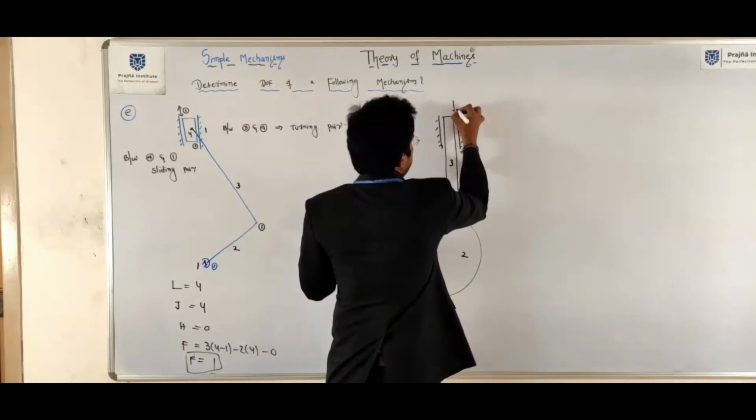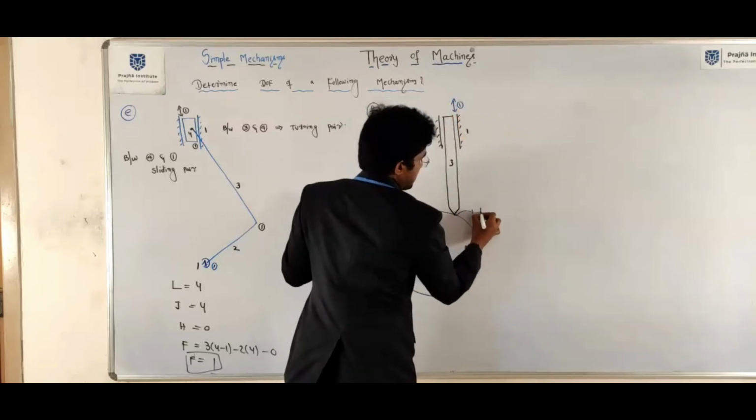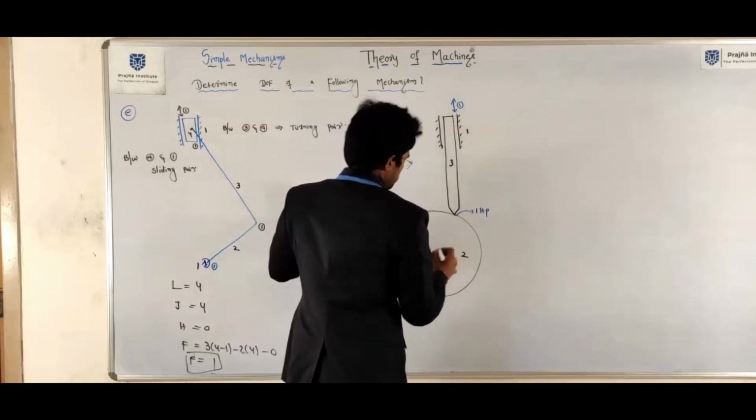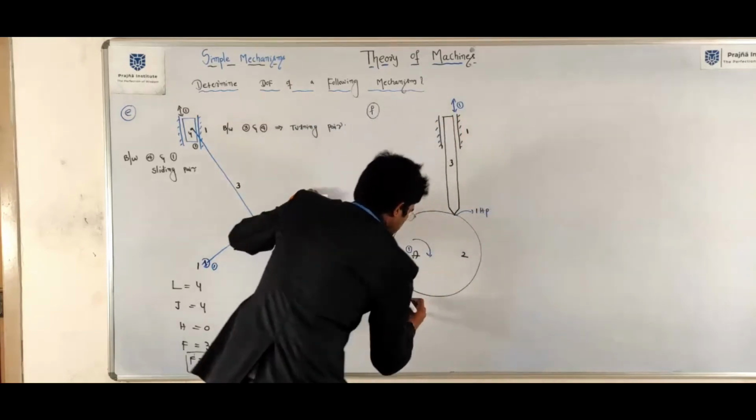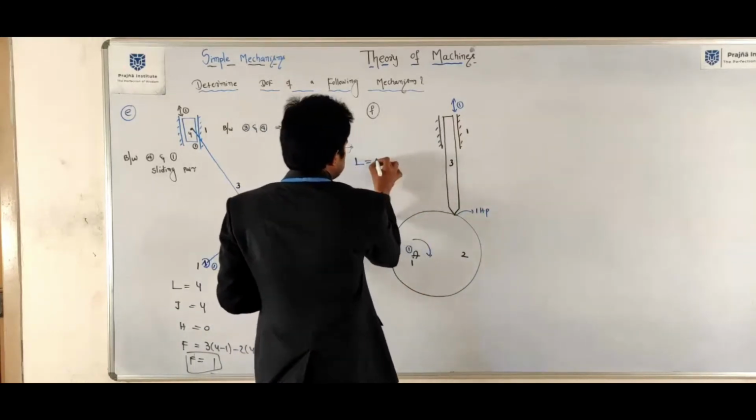Between 3 and 1, sliding pair. This is a higher pair, 1 higher pair. So total number of links equal to 3.